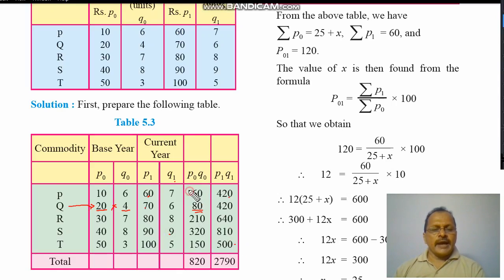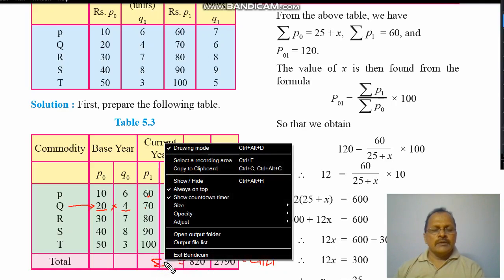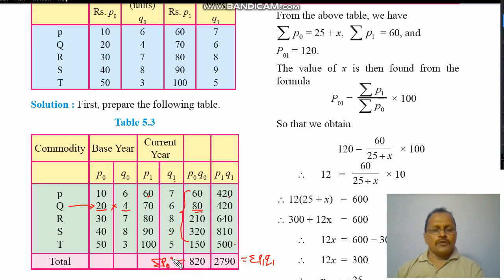Now take addition of all these, and this 820 is summation P0 Q0, and 2790 is summation P1 Q1.